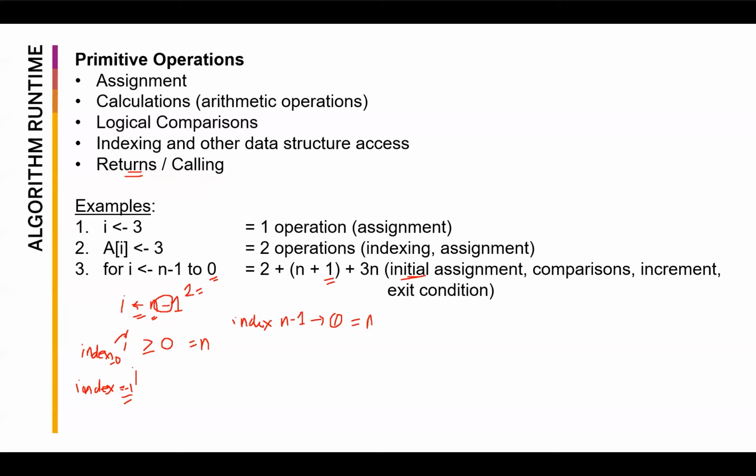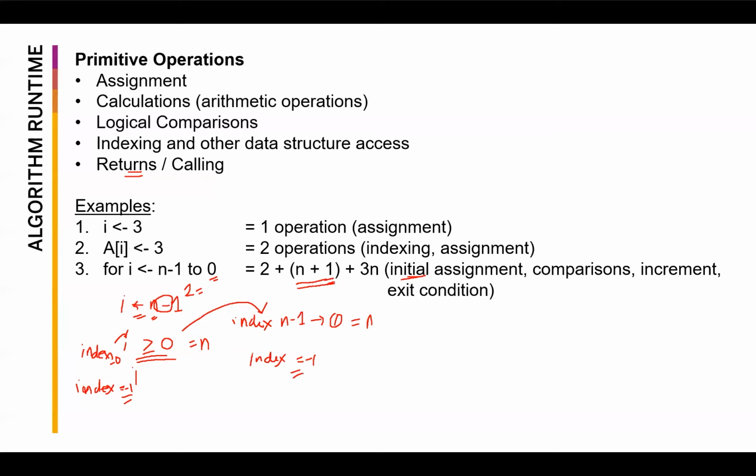That means this comparison statement will be executed from n-1 to 0, which is n times. Now, for the program to understand that it's exit time, it still needs to perform an additional comparison at index equals -1. When we get to -1, that means we have to go out of this loop, but that's still one operation. That's why our entire comparison is n plus 1 operations.